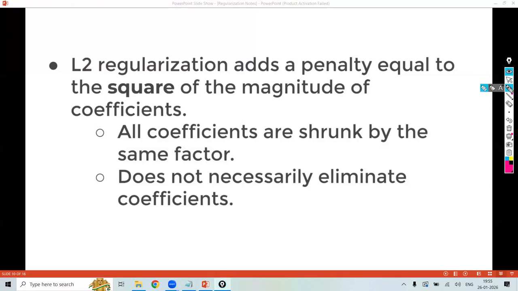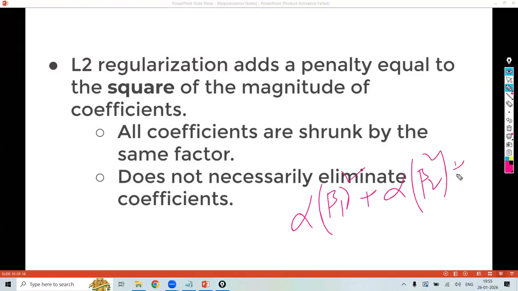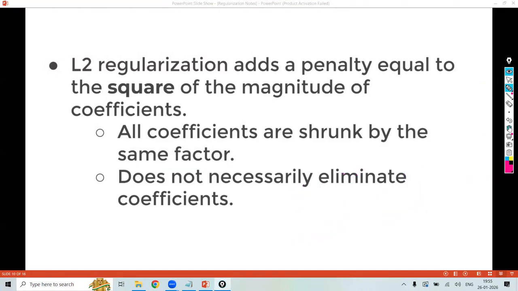Means alpha into beta 1 square, alpha into beta 2 square, and if you have a third one, alpha into beta 3 square. Every slope has to be multiplied with the same value, alpha. The square of the slopes has to be multiplied with the same alpha.